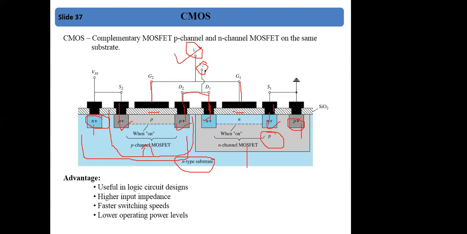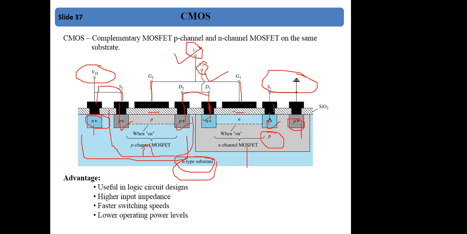So this will be Vi, the combined drain will be your VO, and the source will be combined with this terminal. Over here we will apply VSS and this will be grounded. So this is the structure. Structure wise, first of all we take an N type substrate, then we form the P channel MOSFET and N channel MOSFET, as we have seen in the construction earlier.